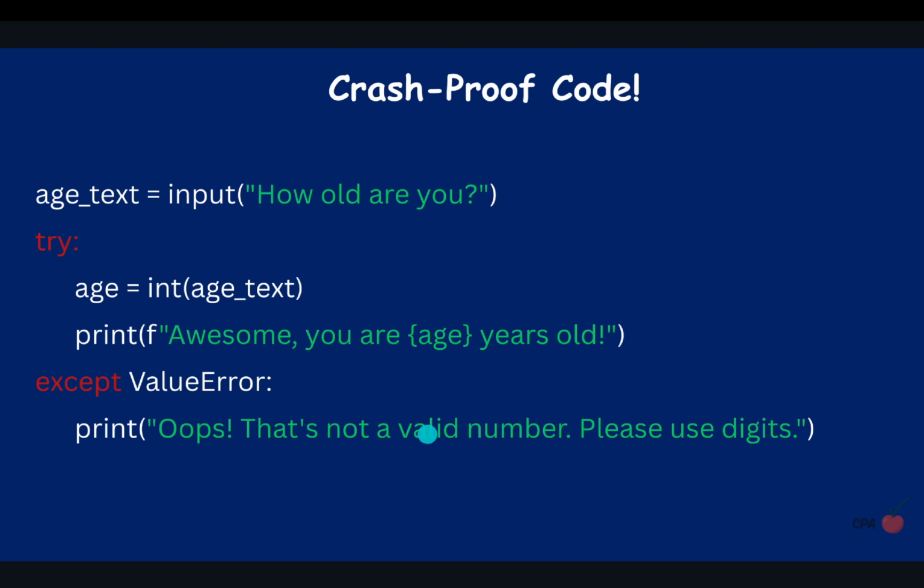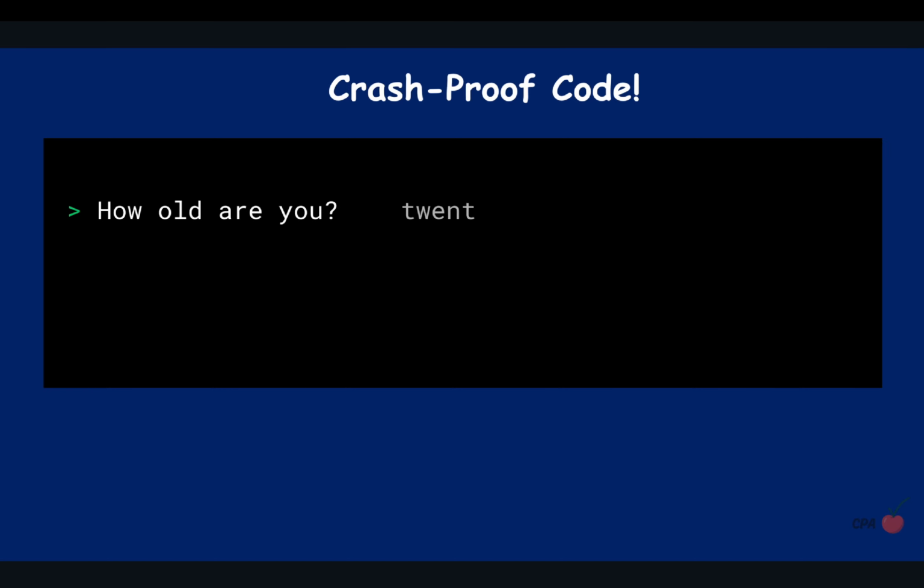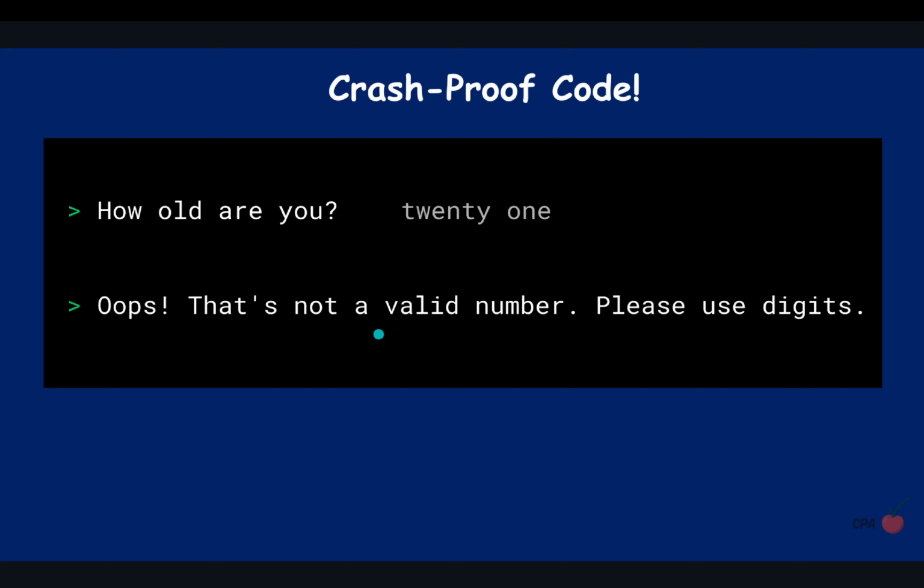So our program this time will not crash if the user enters words. Now let's run that problematic scenario again. If the user enters "twenty-one" in words, this time our program will not crash, and instead it will print out this message to the user, and then the user knows that they should enter digits and not words.